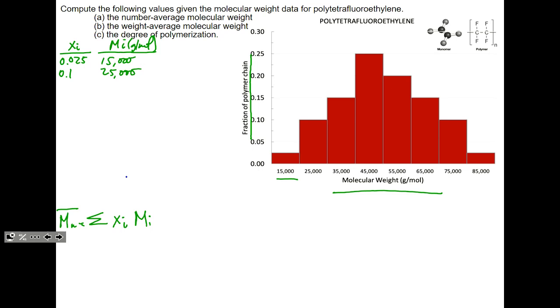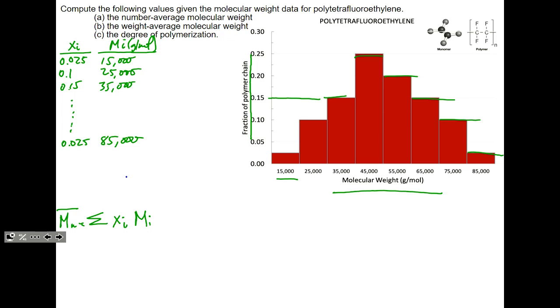And then I can go on and tabulate. So here, 0.15 is 35,000 grams per mole. And I can do this and tabulate all the way up to 85,000 grams per mole, okay? So I can read off all of these values, okay?